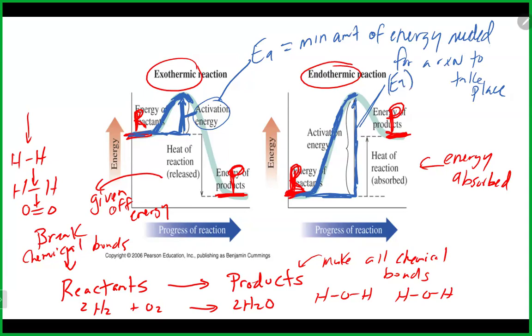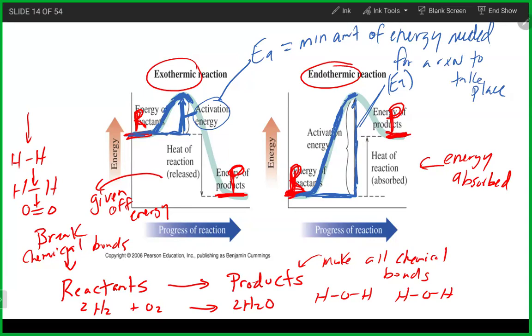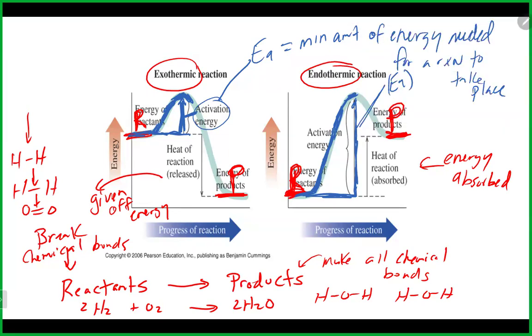So let's talk about what happens when we get to the very peak here in terms of energy, as we are coming up this hill. As we are coming up this hill, we are essentially starting to break bonds and also starting to make bonds.